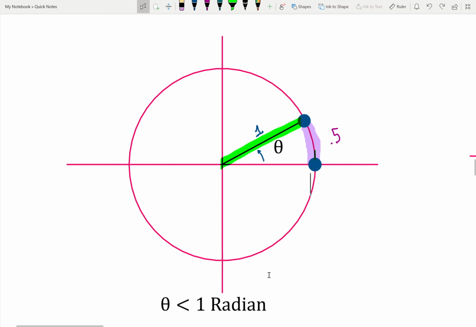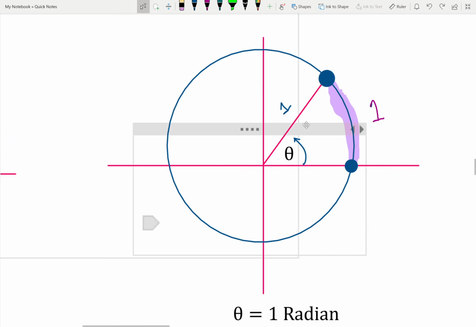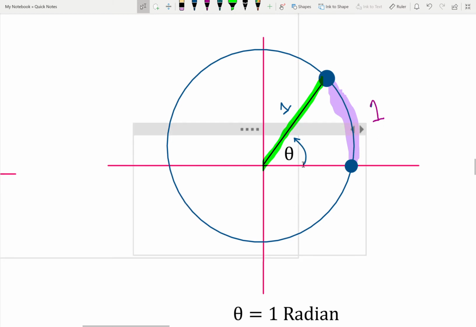than 1 radian. However, if the terminal side length, in this case 1, is equal to the path walked on the circle, so see how the purple length is 1 and the length of this arm is also 1, then we would say that this angle has a measure of 1 radian.